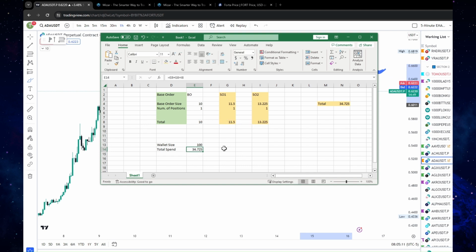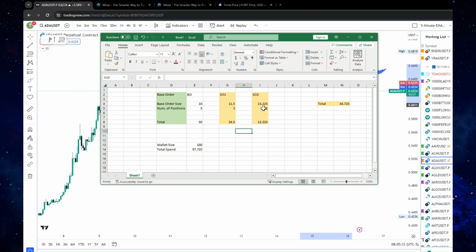So 34, which is equivalent to this one, right? But let's say you have 5 positions. So all 5 open base order, naturally. Then maybe 3 of them also went down in price and opened a safety order.